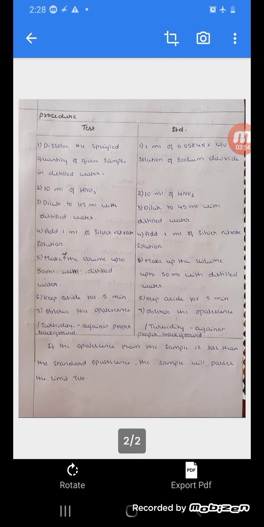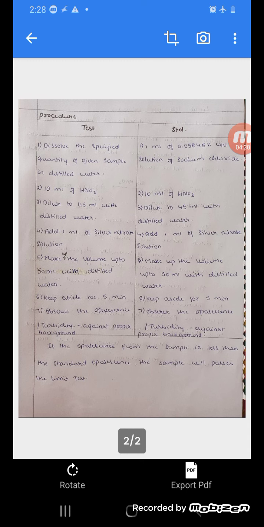Keep it aside for 5 minutes and observe the opalescence or the turbidity under proper background. If the opalescence or the turbidity from the sample is less than that of the standard opalescence, the sample passes the limit test. If the opalescence from the sample is more than that of the standard opalescence, then the sample will fail the limit test.